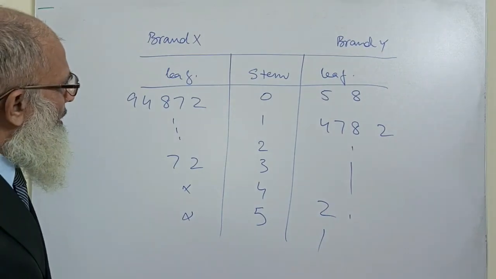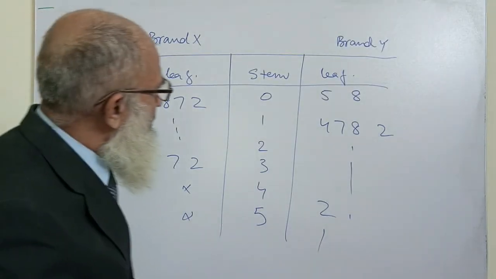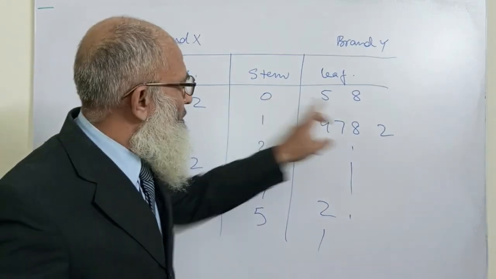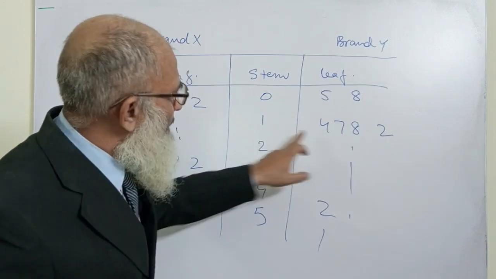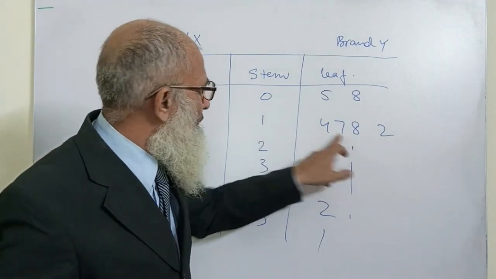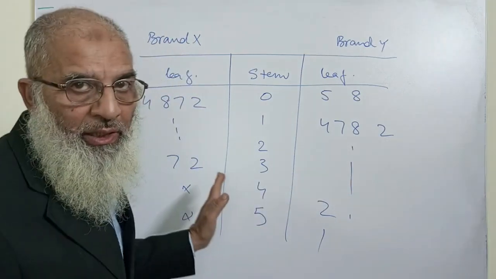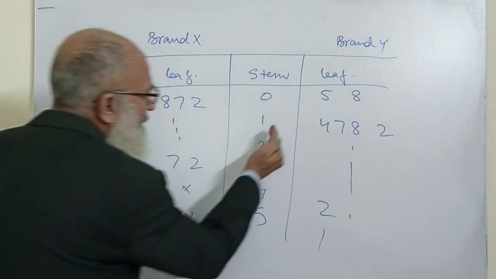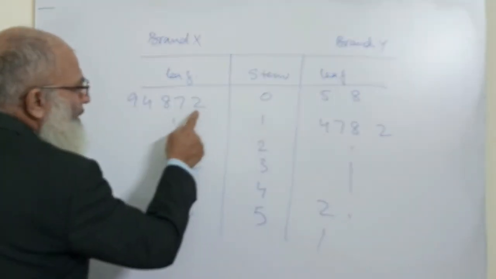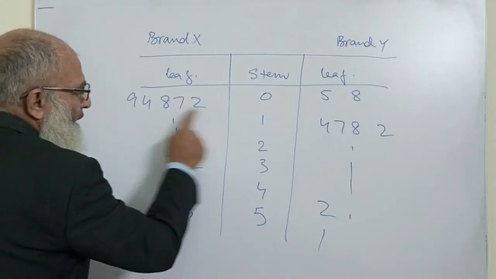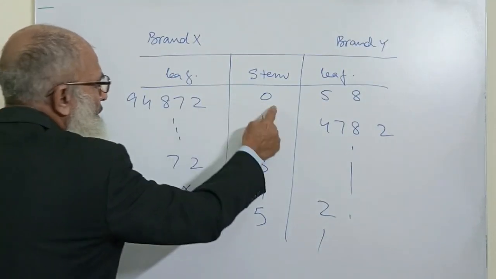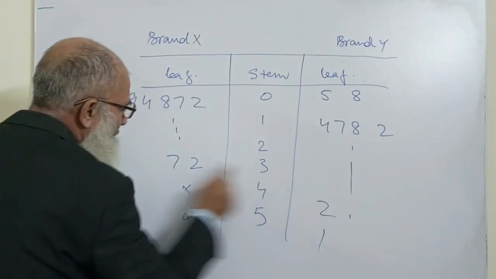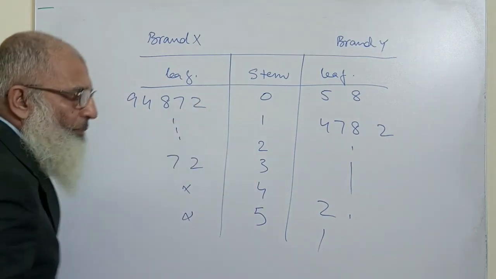Okay. Now you will read it like this, that this is only 5. This is only 8. This is 14. This is 17. This is 18. You will read from left to right. And for this brand X, you will read from right to left. 1, 12, 17, 2, 7, 8, 4, and similarly 32, 37, and whatsoever would have been written over here.